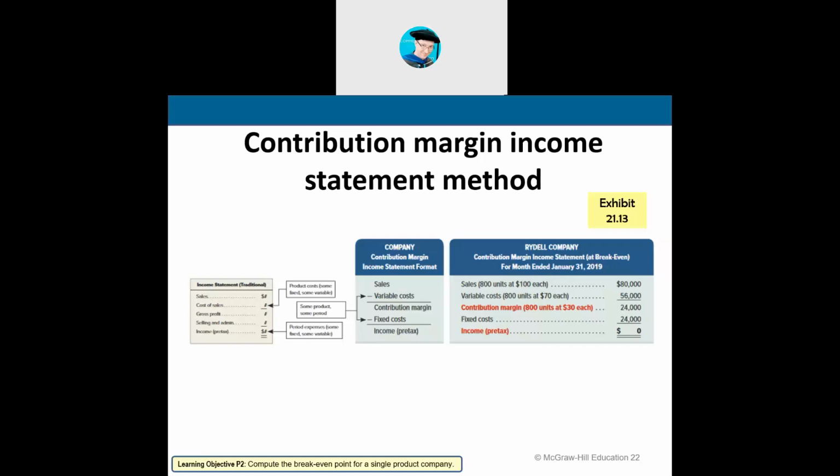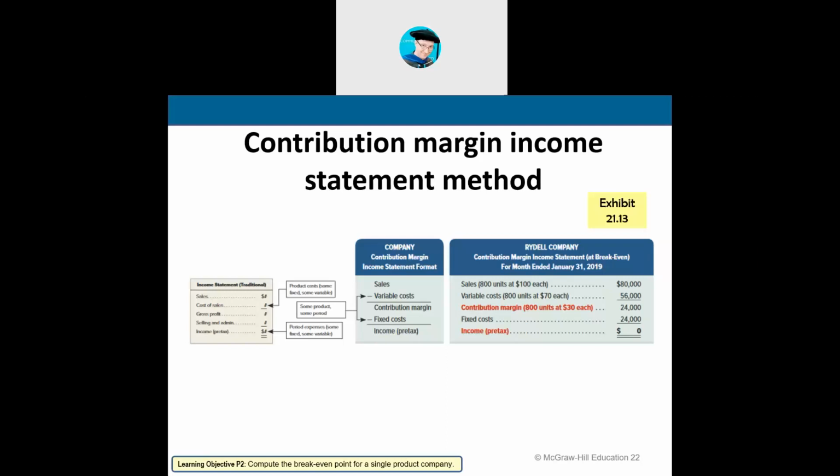Sales minus cost of goods sold equals gross profit, minus your expenses equals net income. Follows the same exact process. Sales minus variable costs, which are, guess what, your cost of goods sold, equals contribution margin, minus fixed costs equals net income. It works the same exact way.